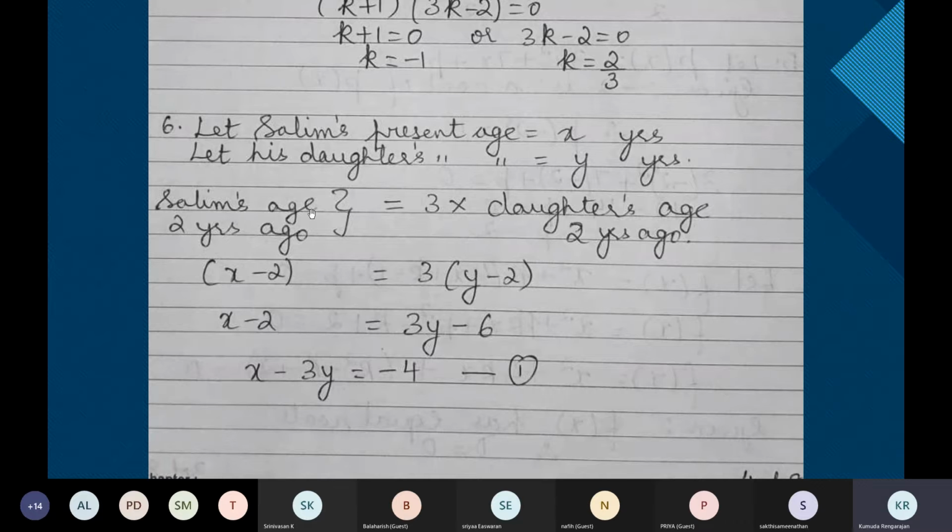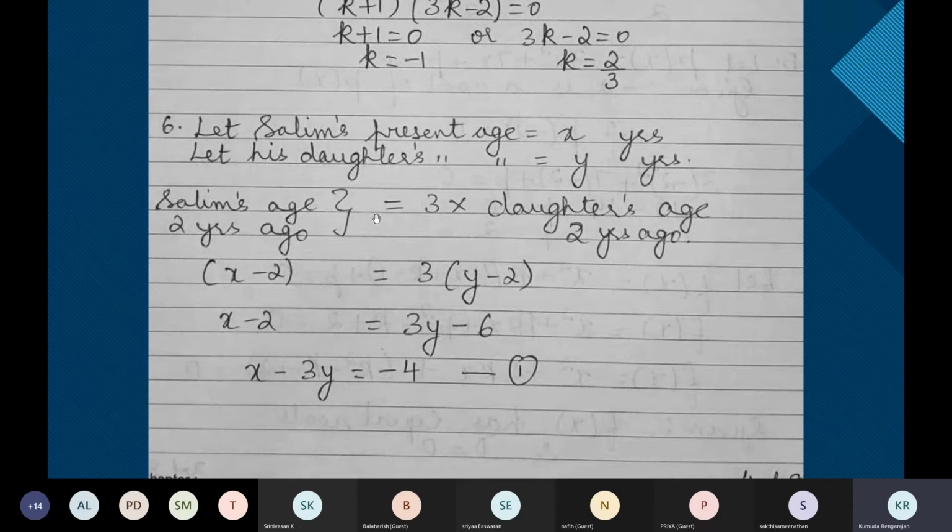See here, Salim's age 2 years ago was, meaning equal to.